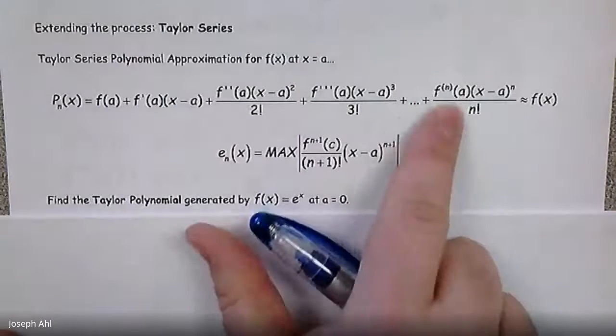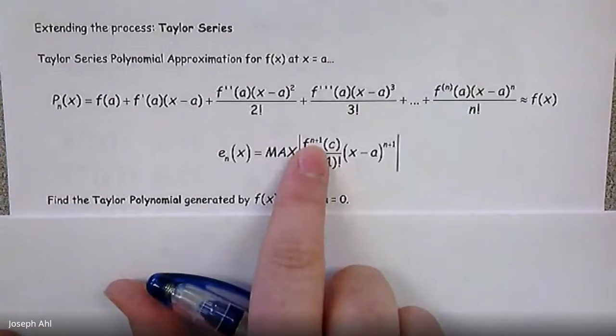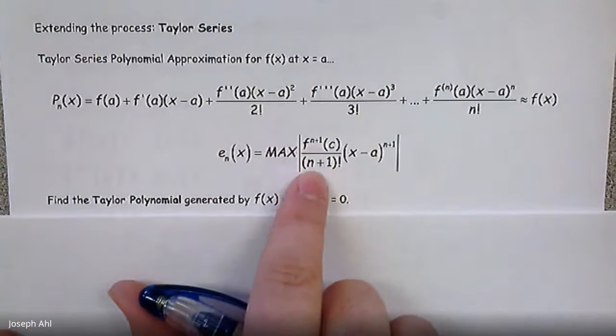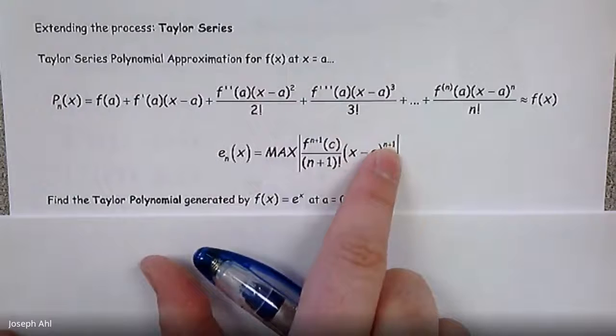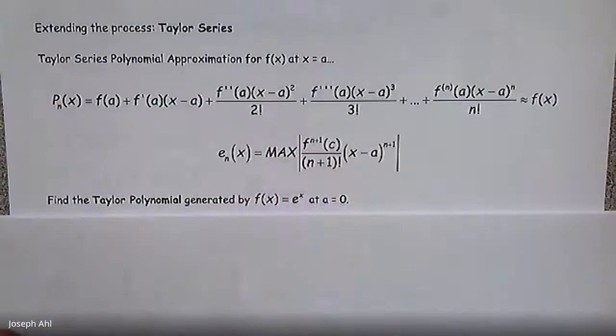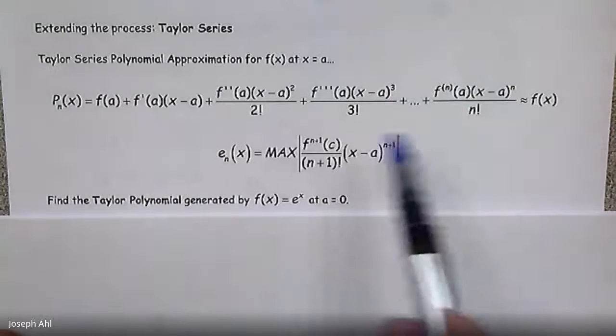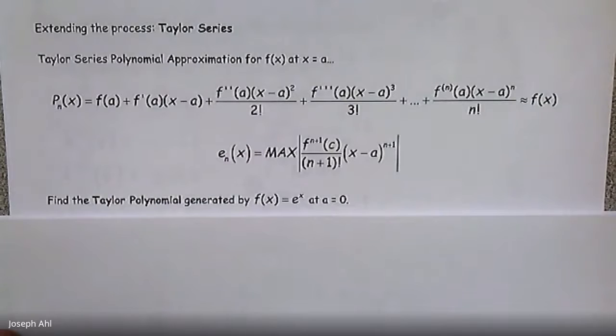And wherever we wind up stopping, if we go to the next derivative and divide by n plus 1 factorial times x minus a to the n plus 1, that's where we're going to see the maximum amount of error occur. And we know there's not a lot of error in our approximations. We're going to see less and less error the more terms we consider.